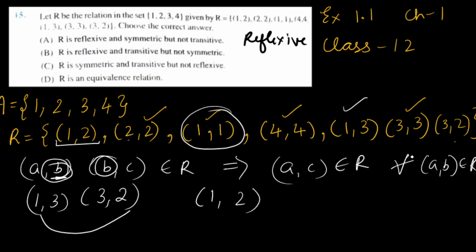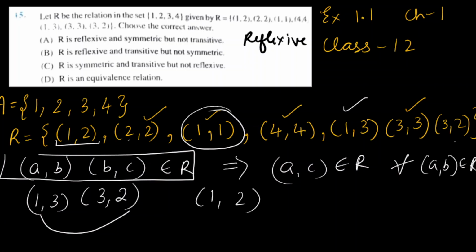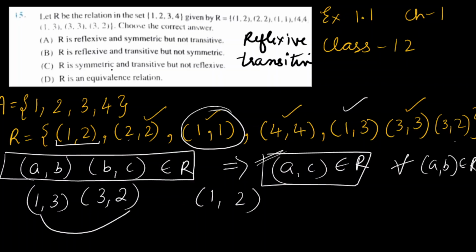So all the ordered pairs satisfy the condition of a transitive relation. For all ordered pairs, if (a, b) and (b, c) belong to the relation, we have (a, c) also belonging to the given relation. So this relation is reflexive and transitive, but it is not symmetric. Reflexive and transitive but not symmetric: option B is the correct answer.